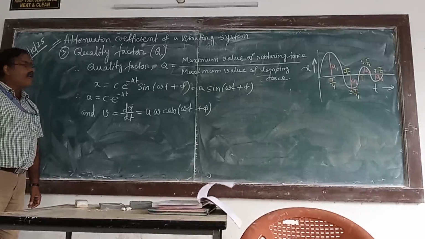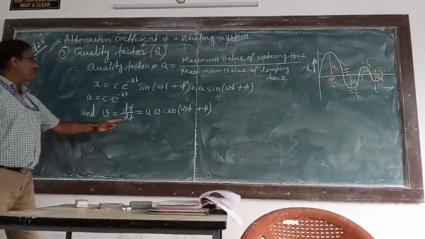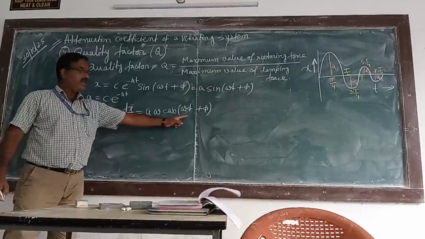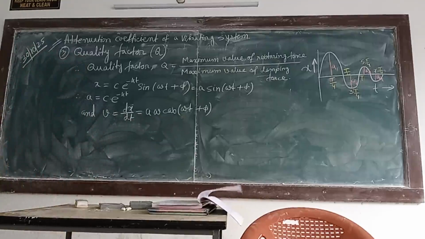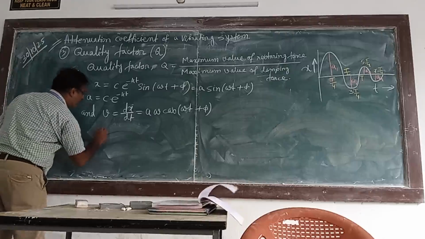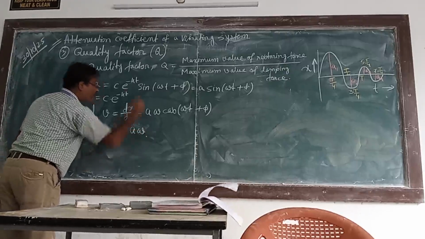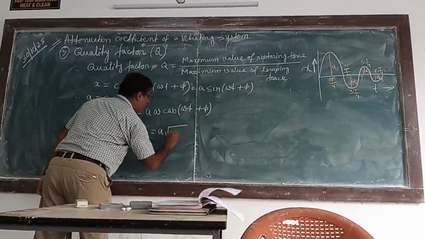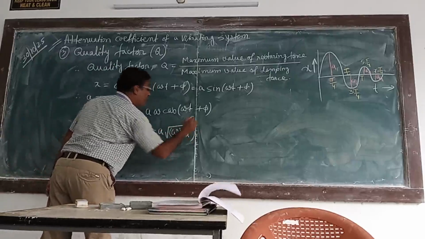So what is the maximum velocity then? V max equals a omega, since the maximum value of cos is 1. So maximum velocity V max equals a into omega, which is a root over omega 0 square minus k square.